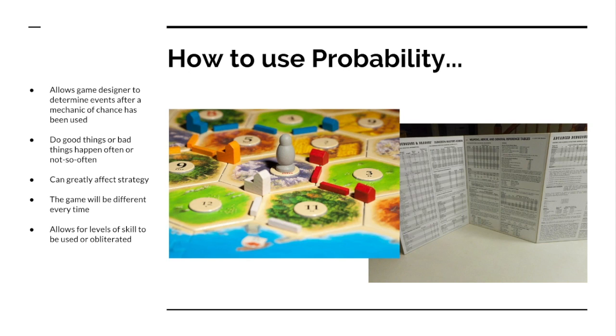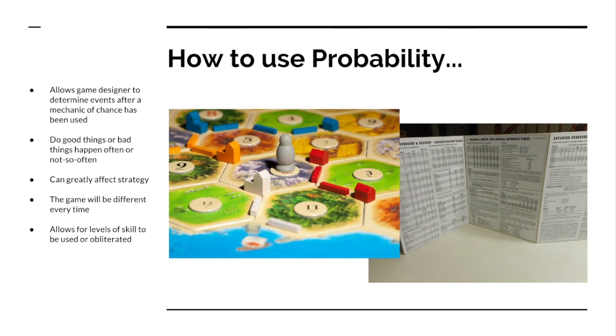But as an example, in this game, say you're the red player and you have two little red houses, and those two little red sticks are roads. The houses, I guess they call those settlements in the game. But say someone rolls a 3. If any player rolls a 3, that tile produces a resource.